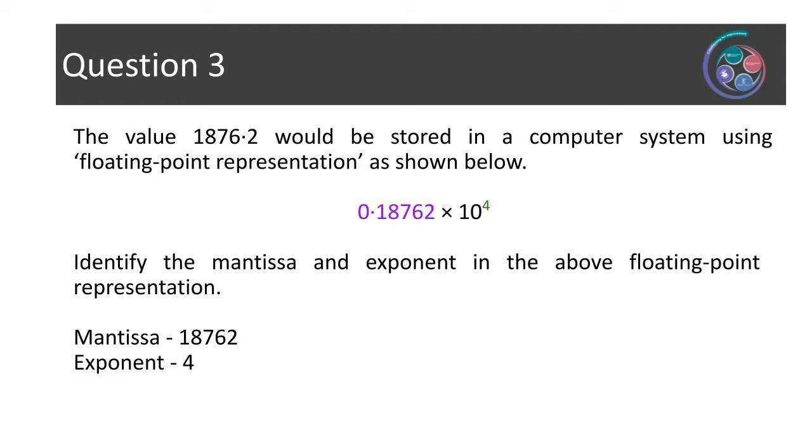But in this question, it's just a case of identifying the mantissa and the exponent. So when you have that type of question, take time to familiarize yourself with the numbers that have been presented, identify the mantissa, write that number out without any leading zeros, and then identify the number that is to the power of 10, and write that number as your exponent.